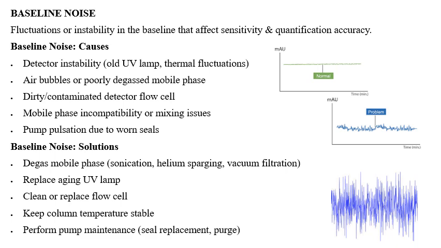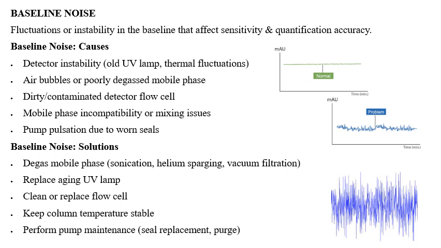Then baseline noise. Baseline noise means instability or fluctuations in the baseline. A normal baseline is plain or straight, and if you have some peaks or fluctuations in the baseline, it is known as baseline noise. These are fluctuations or instability in the baseline that affect sensitivity and quantification accuracy.